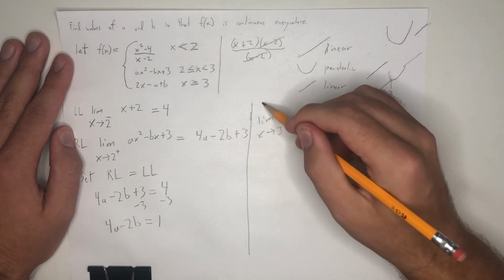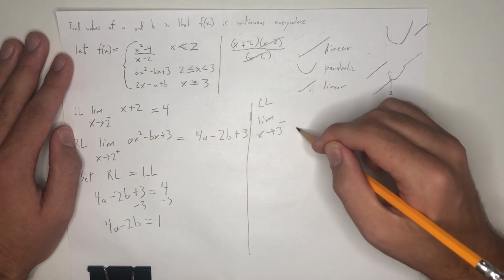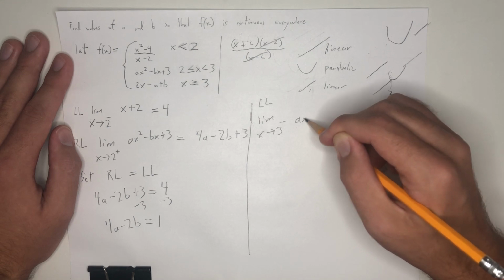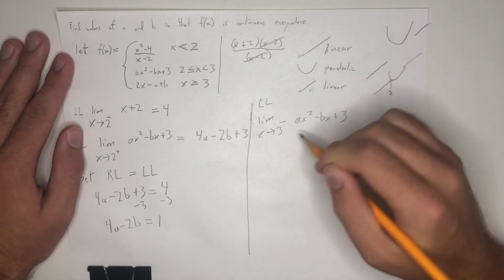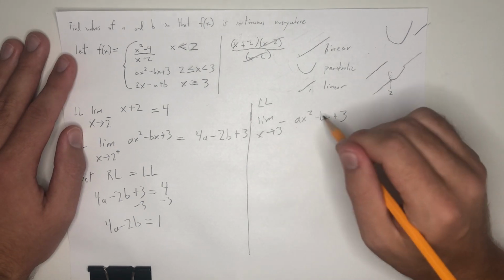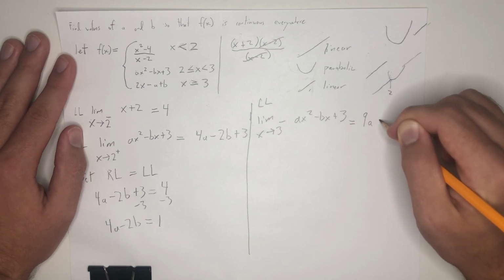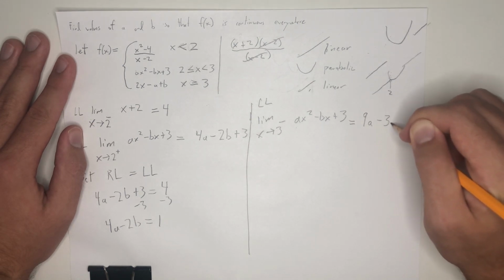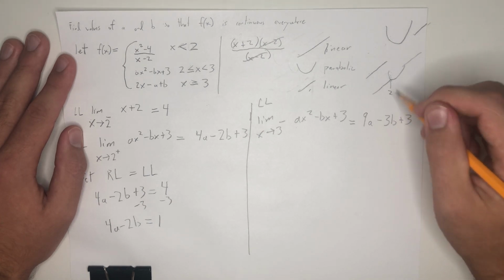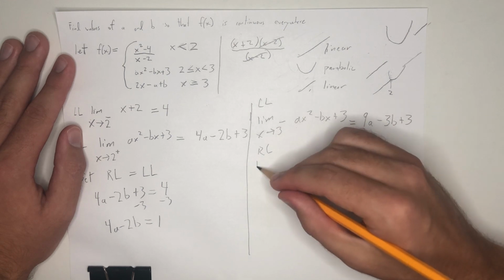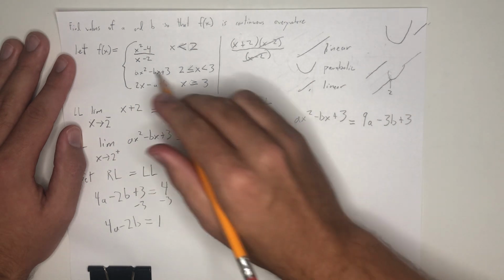It's going to be this function again. Plugging that in, we get 9a minus 3b plus 3. Now let's look at the right limit. This time it's going to be this one.